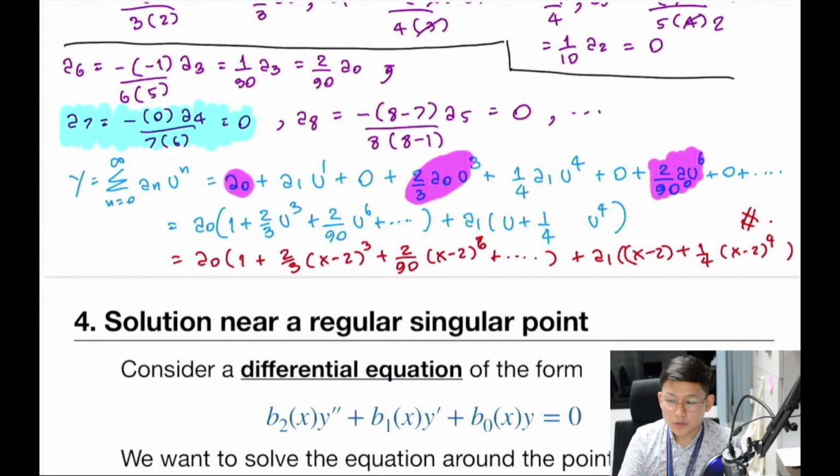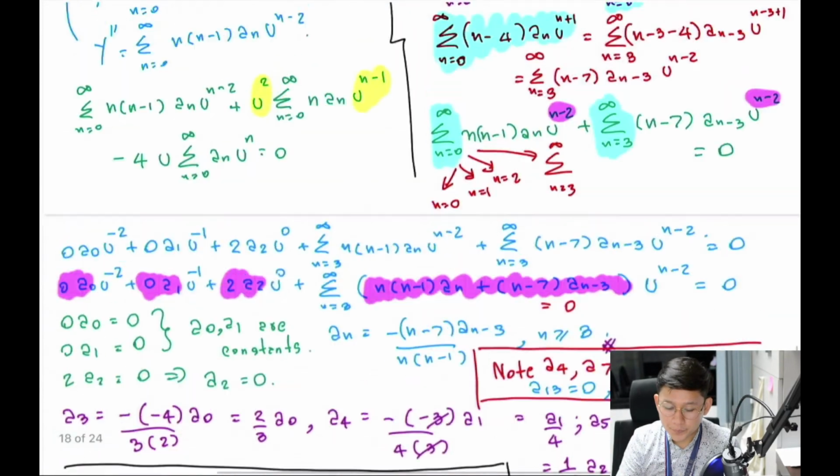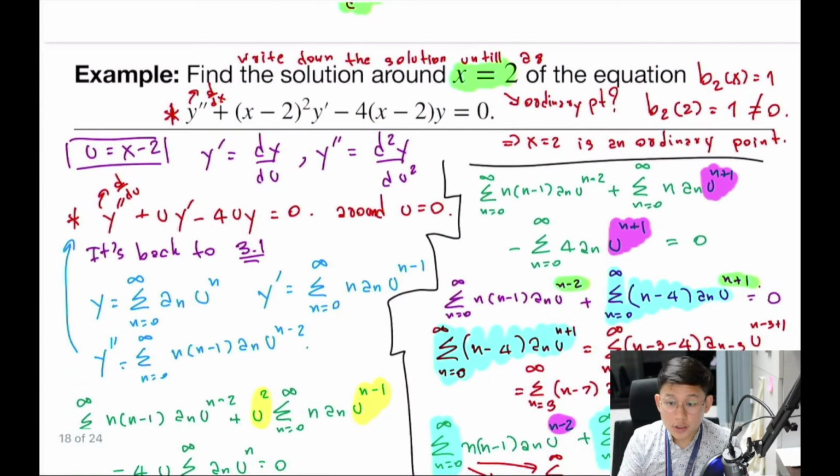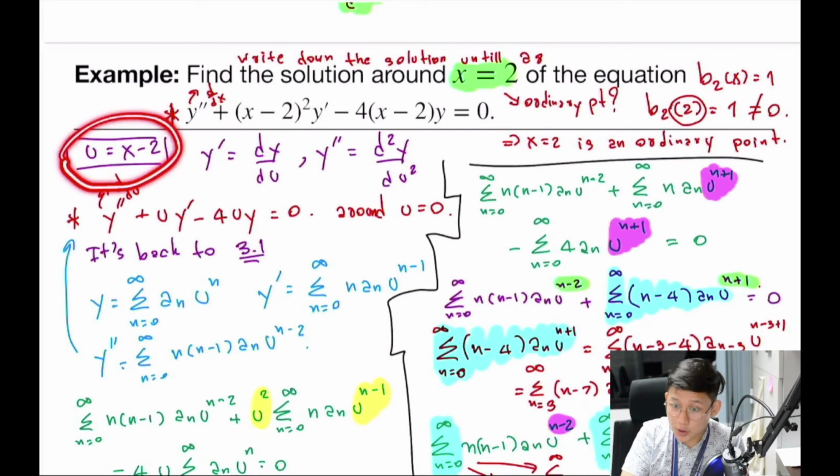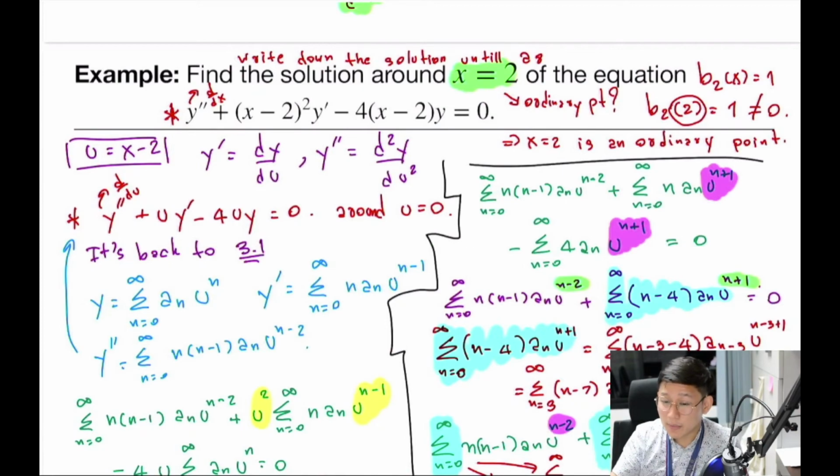Okay, so let me sum it up. Guys, this question, to find the solution around x equals 2, is the same as what we did in the previous video. But we need to first check whether or not x equals 2 is an ordinary point, and it turns out that it is. After that, we need to do substitution, u equals x minus 2, and then y double prime is still y double prime because dy by dx is still the same as dy by du.